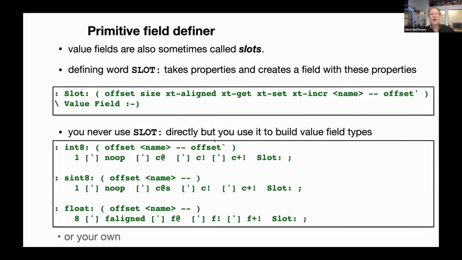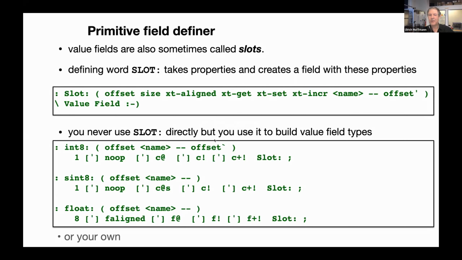And well, we can work on this. How is this done? So in other contexts, fields are not called fields, but they are also called slots. And so the word slot: the name was free, and I took that.